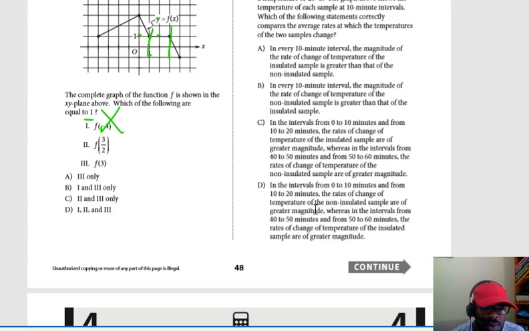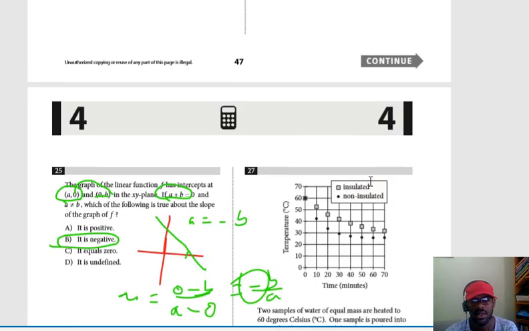So this is 1.4, it works, this is 3, it works. So the choice that contains 2 and 3 will be the answer. You can just substitute here. When x is 1 you get 1, when x is 2 you get 1, when x is 3 you get 1. That's the point.